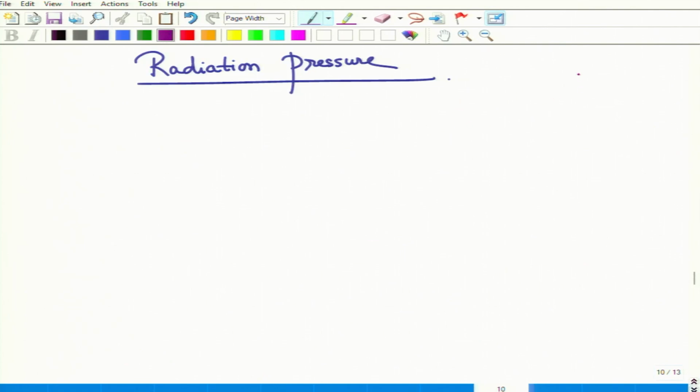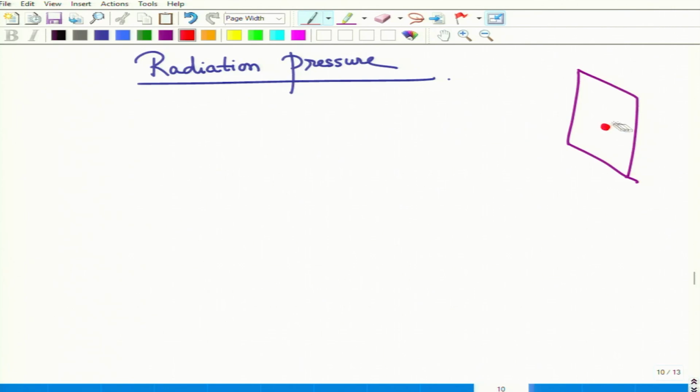As I mentioned here, if we consider a plane perpendicular to the direction of propagation of the electromagnetic waves, the waves will give some pressure. Why?